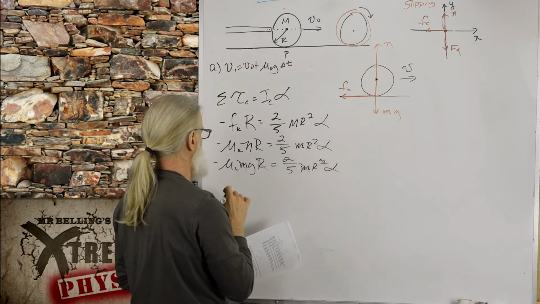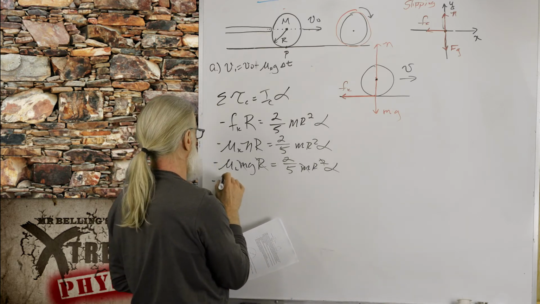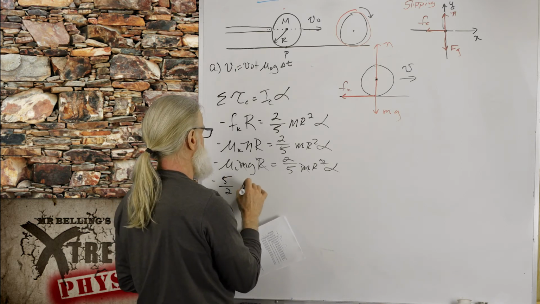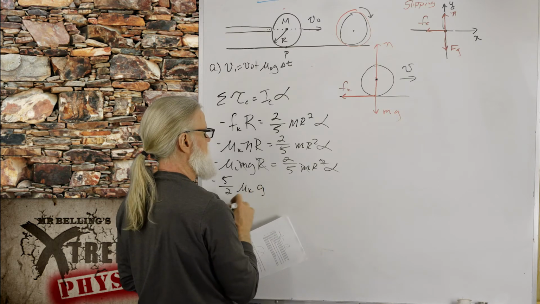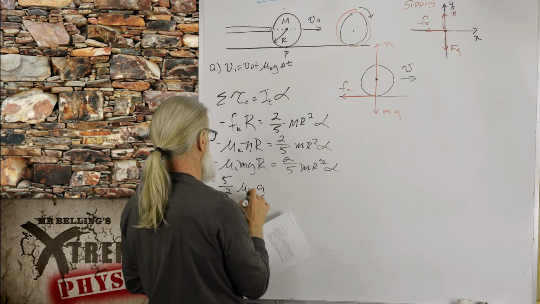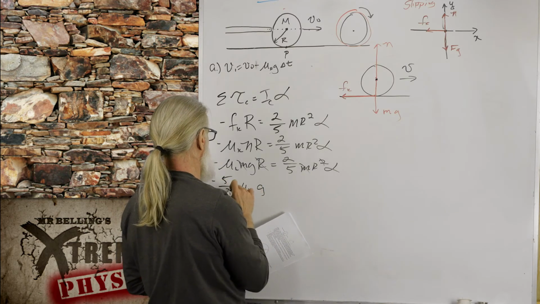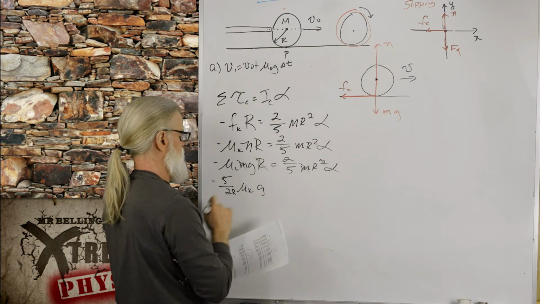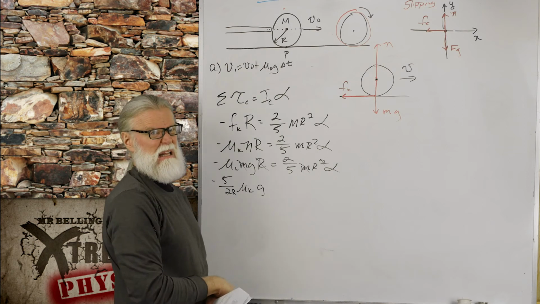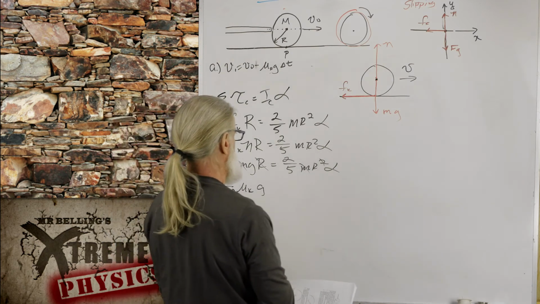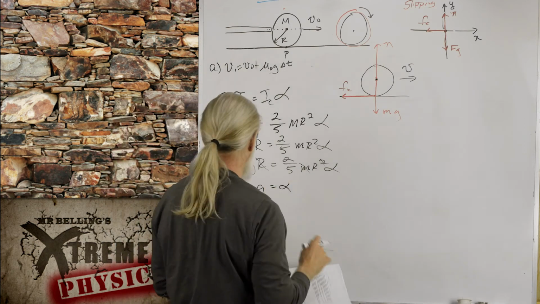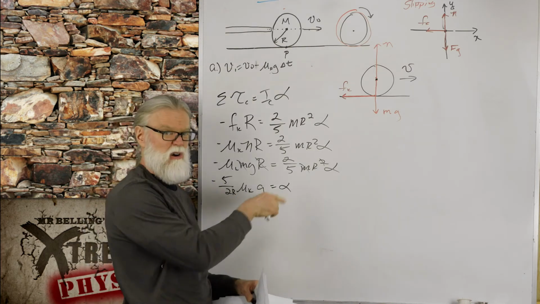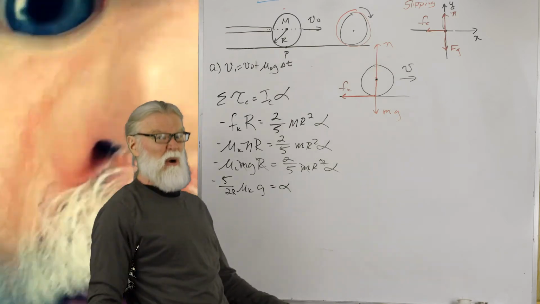So what do we end up with? We end up with minus 5 halves mu k g over r. That's not written very well at all. Anyway, there's my alpha. That's a constant angular acceleration. Woo!